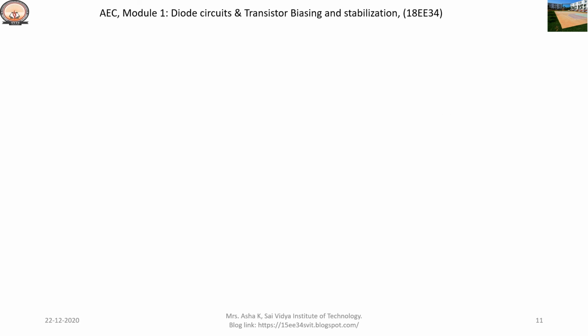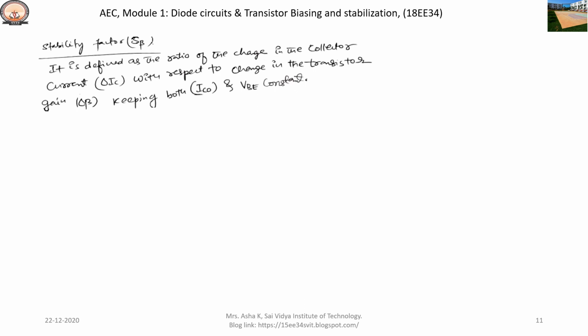Now, we will discuss the stability factor S beta. The stability factor S beta is defined as the ratio of change in the collector current with respect to change in the transistor gain, keeping both the saturation current and the base to emitter voltage constant. It is written as S beta is equal to delta IC divided by delta beta for VBE and ICO equal to constant.